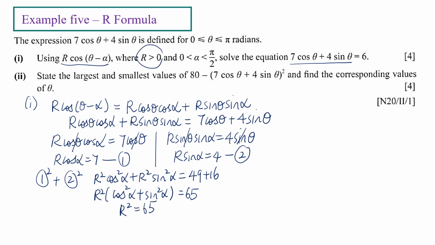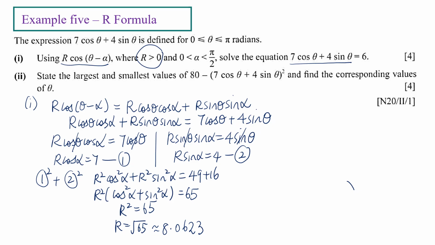You're told that R is positive. So R will be just square root of 65. I think you can just use a calculator to evaluate it. That will give you 8.0623. All right, and then what's the next thing I need to find?